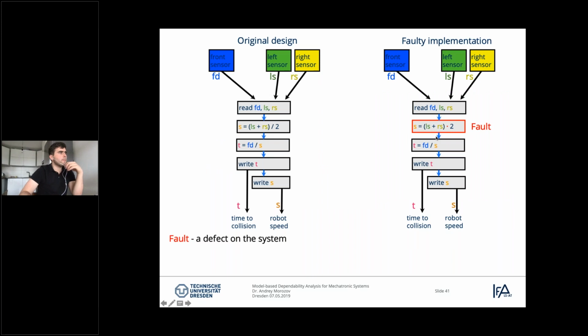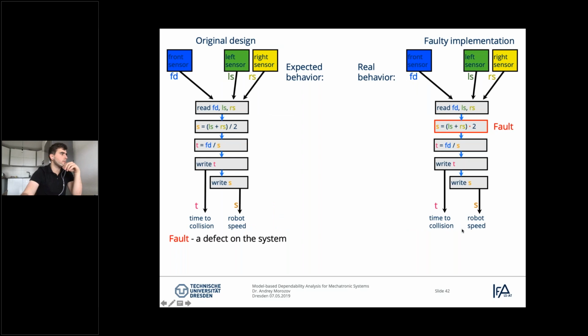Now imagine that this is a software system, and for some stupid reason, instead of division, the developer put multiplication in the line of code that computes the speed. And this is a fault. It is a software bug, and it is a fault. This is the original design, this is our faulty implementation. When the system is dormant, when we are not using it, everything is fine.